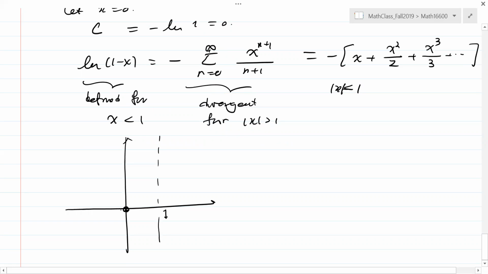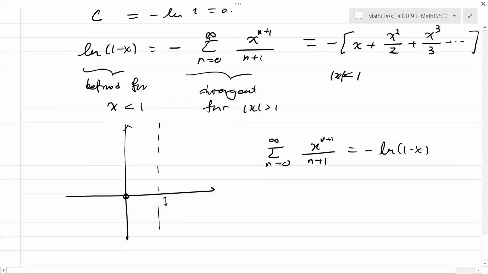So what I'm going to get here is 1 minus negative x, for x positive.